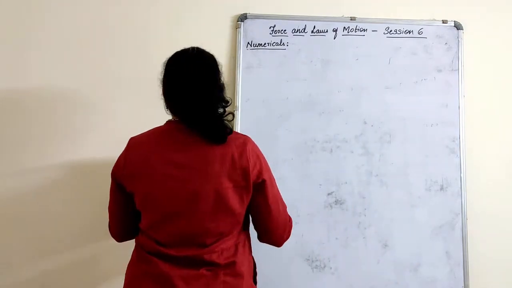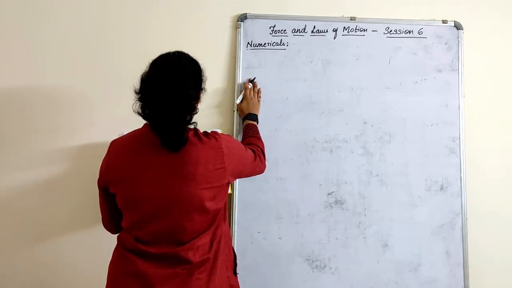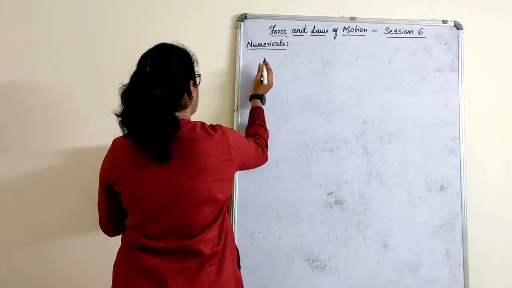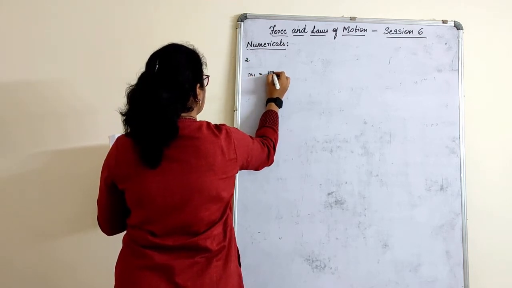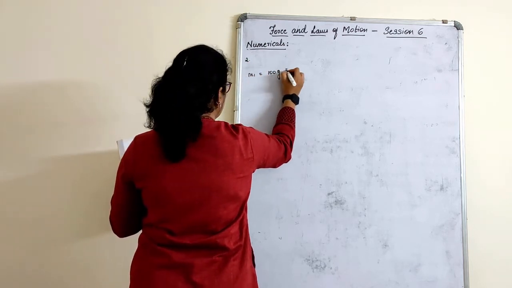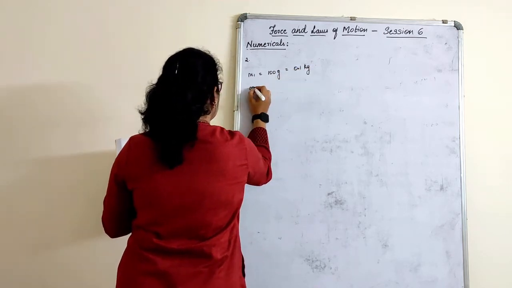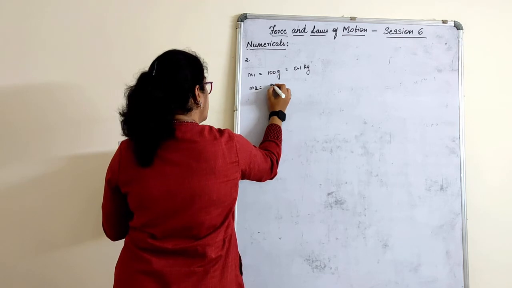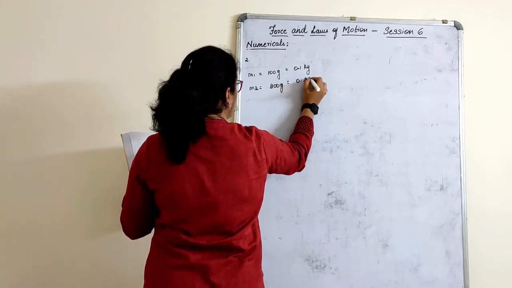Okay. Two objects of mass 100 grams and 200 grams. So m1 is equal to 100 grams, that is equal to 0.1 kg, and m2 is equal to 200 gram, that is equal to 0.2 kg.